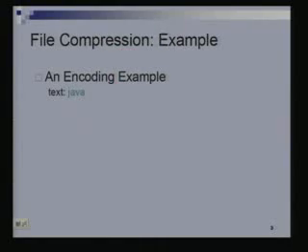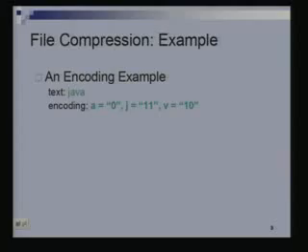Let us say my piece of text is just 4 characters, Java. Suppose my alphabet was just A, J, and V. Suppose this was my entire alphabet. The only things that I ever encoded were strings on this alphabet, A, J, and V. So, Java is one example of such a string.